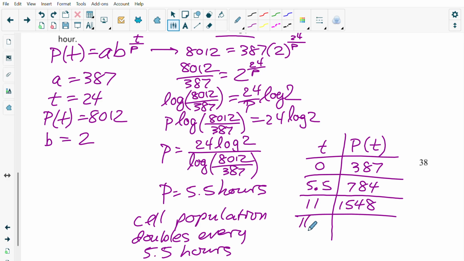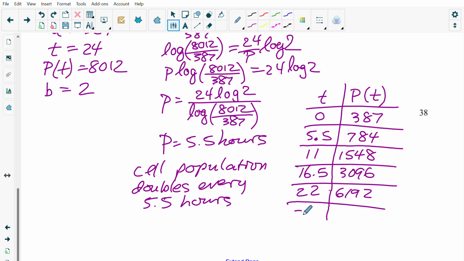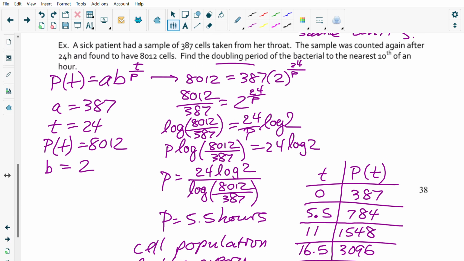We get to 1,548 in cell count. Another doubling period takes us to 16.5 hours. That's 3,096 cells. Another doubling period, 22 hours, 6,192 cells. And then another doubling period takes us to 27.5. That's 12,384.